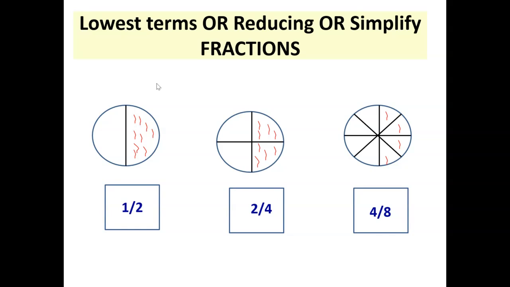The reason is you cannot divide 1 over 2 by any number except 1. 2 over 4 is not a lowest term because both the numbers can be divisible by 2. 4 over 8 is not in the lowest term because you can divide both the numbers by either 2 or 4. Let's practice writing some fractions in the lowest term.